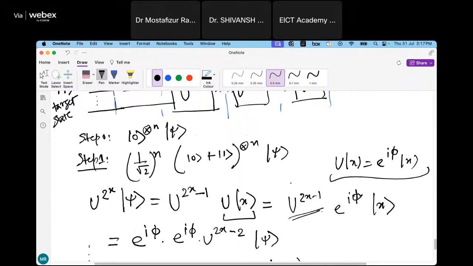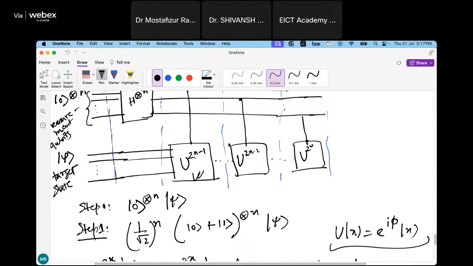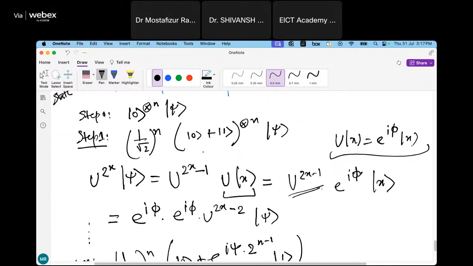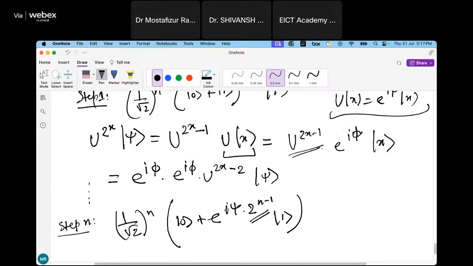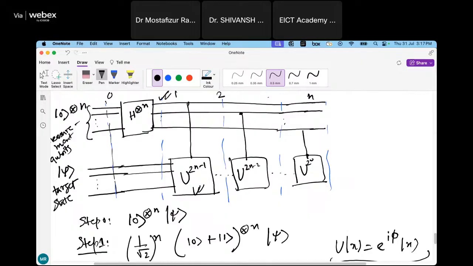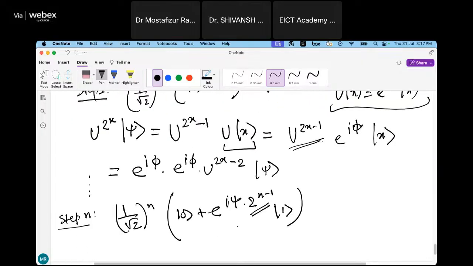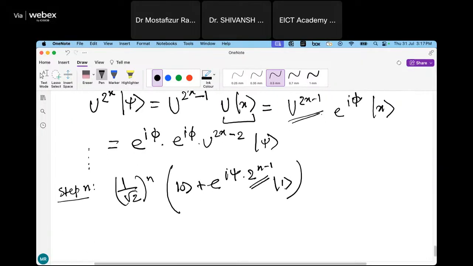This is coming from the first gate, whose phase is 2 to the power n minus 1. If you apply a controlled unitary operation on the first qubit, that particular phase will be added in front of ket 1, and ket 0 will be intact. You can compare this with the previous case and the trick we are doing here for multiple measurement qubits.